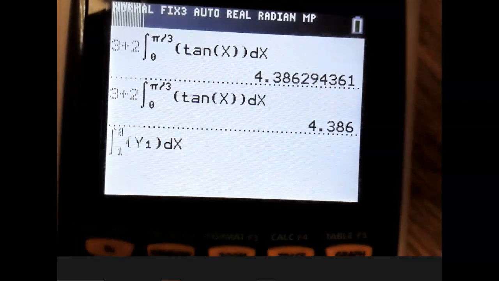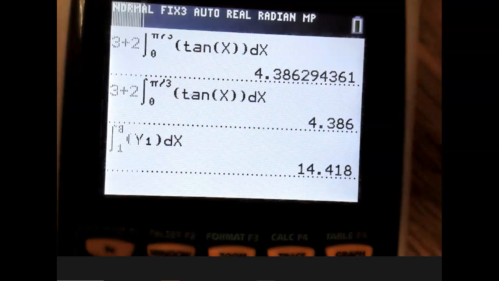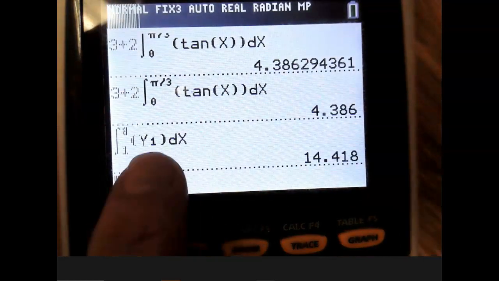And then I just fill in my dx and hit enter.